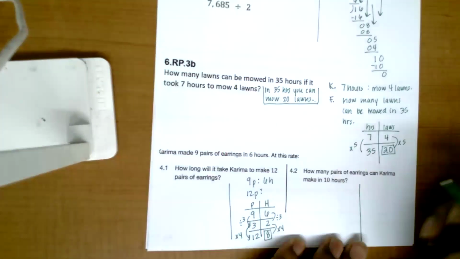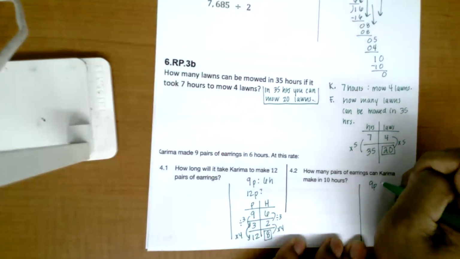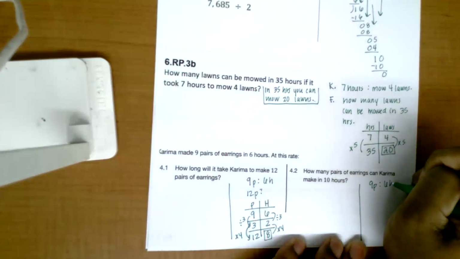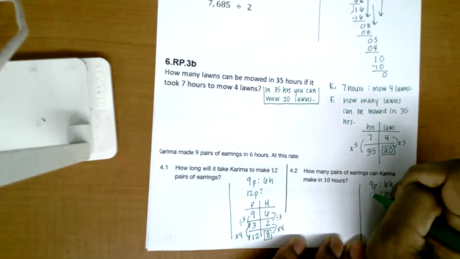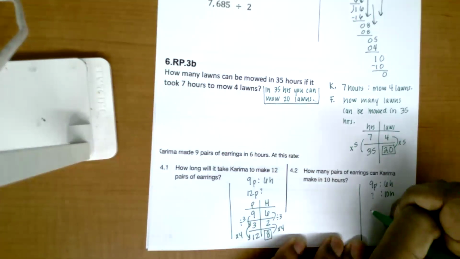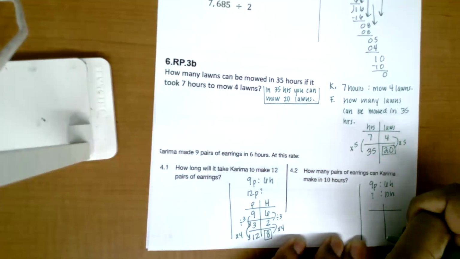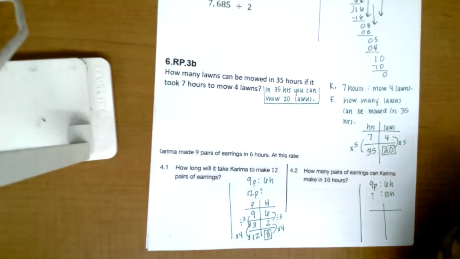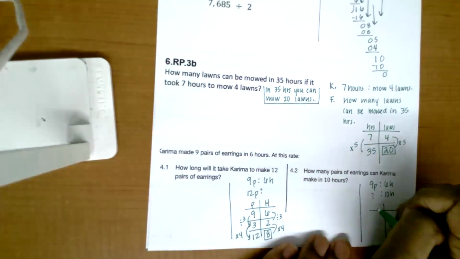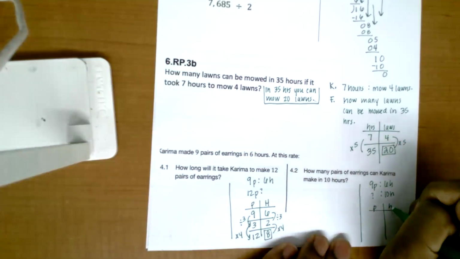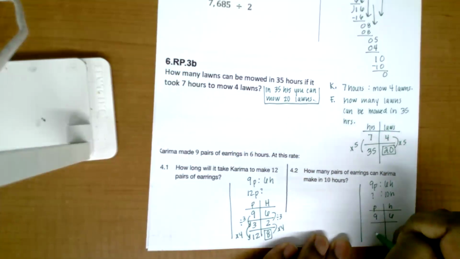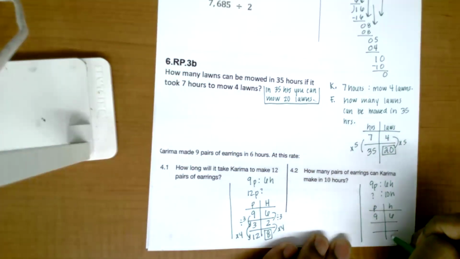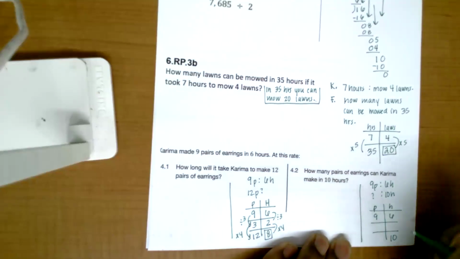Using the same information, 9 pairs, 6 hours, 10 hours. I know that you can make 9 pairs in 6 hours. I'm trying to figure out how much is 10 hours. Pay close attention to why I give a space here.